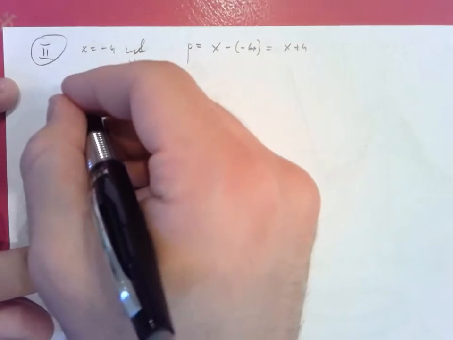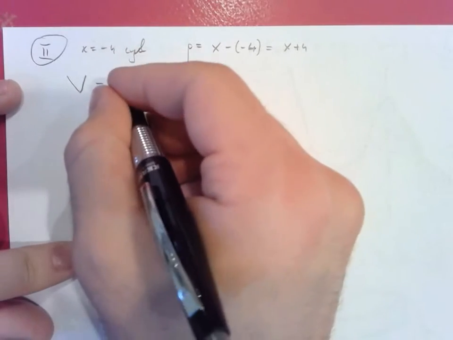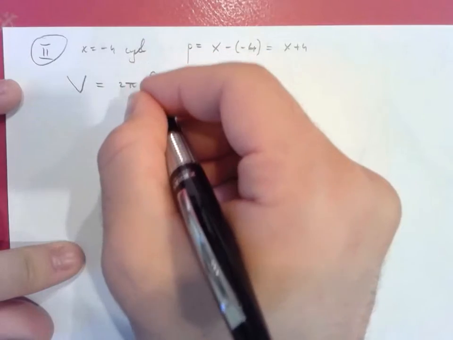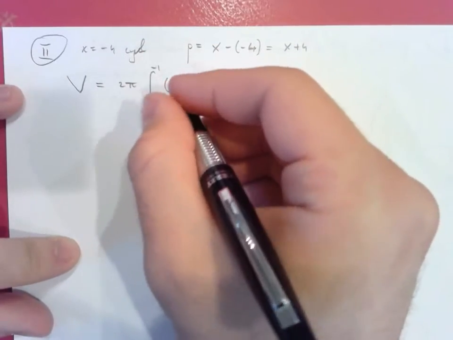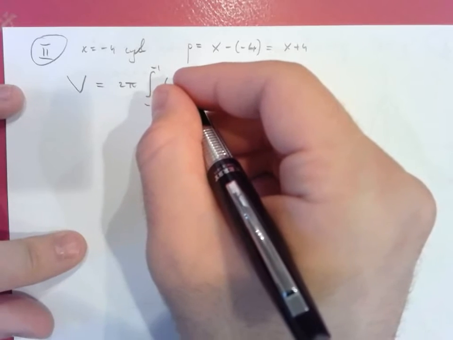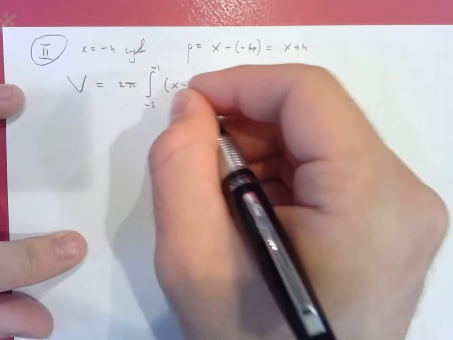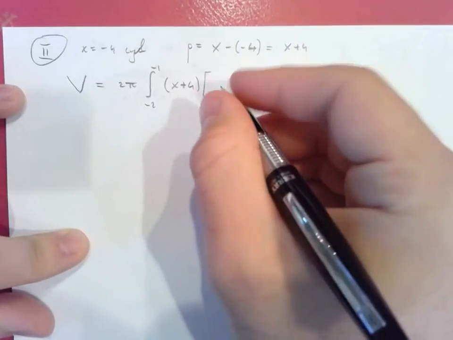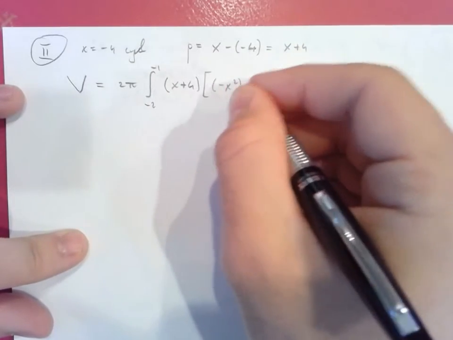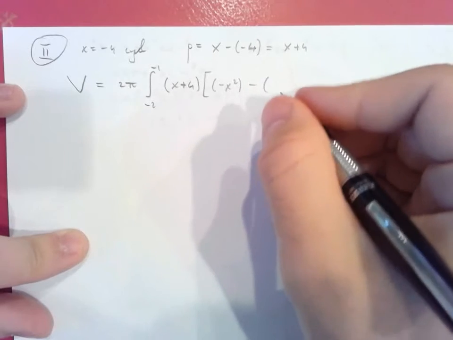So now the volume is going to be the volume over region 1, which is 2 pi integral from minus 2 to minus 1. The rho, instead of what it was, becomes x plus 4, times top curve minus bottom curve for the height.